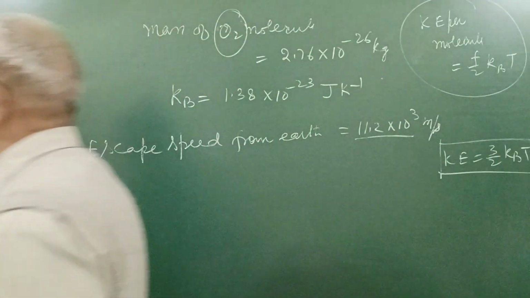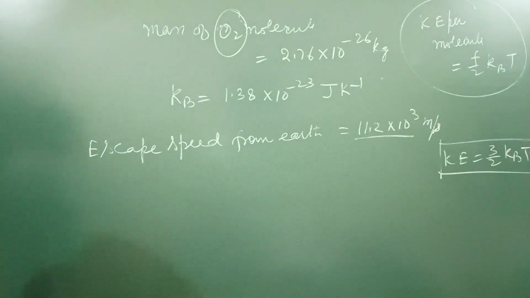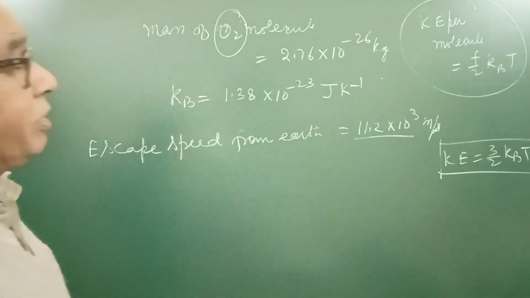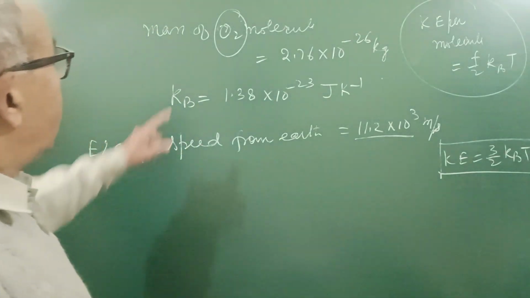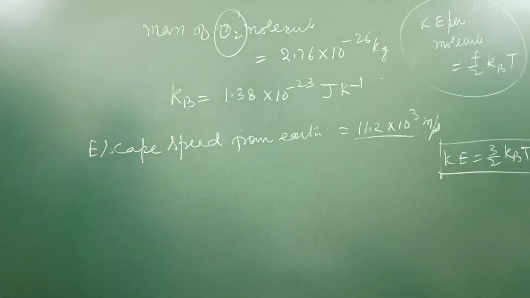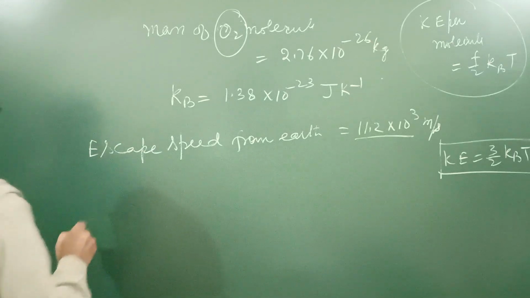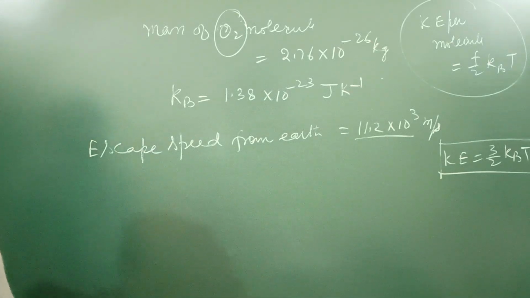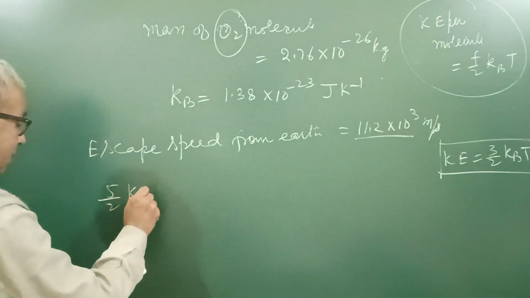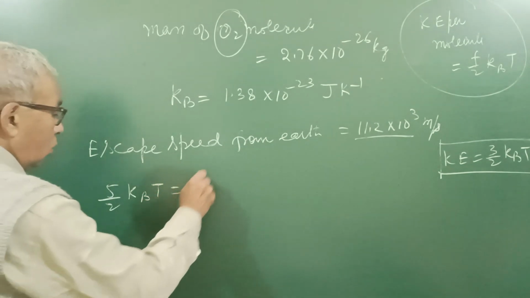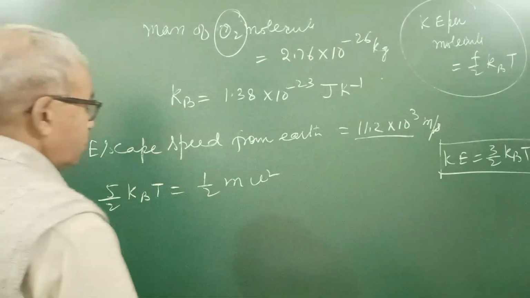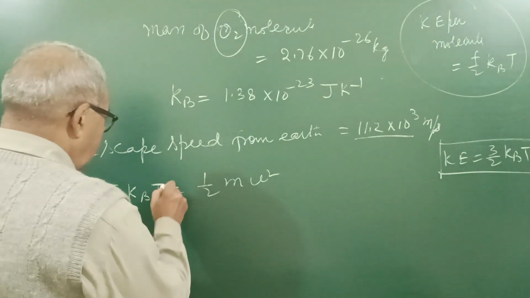teachers and learners. But we have learned a lot about gases and their degrees of freedom. Degree of freedom for an oxygen molecule is 5. So 5/2 kBT is equal to half mv squared.